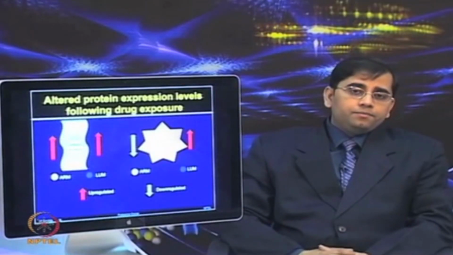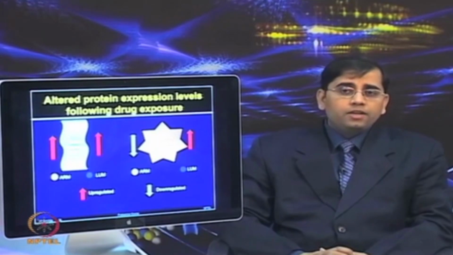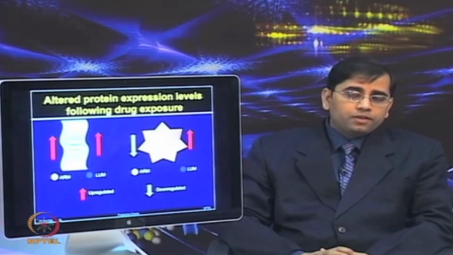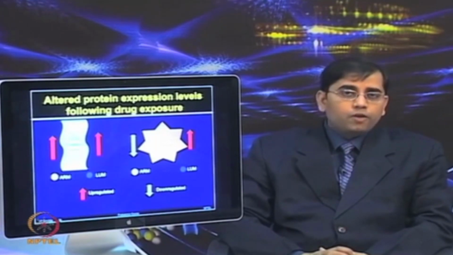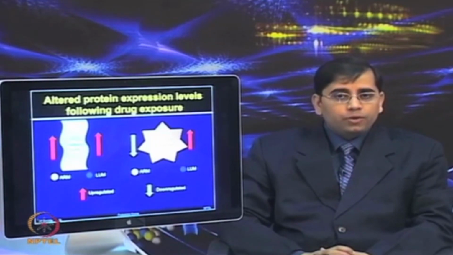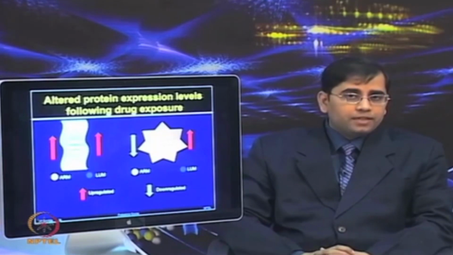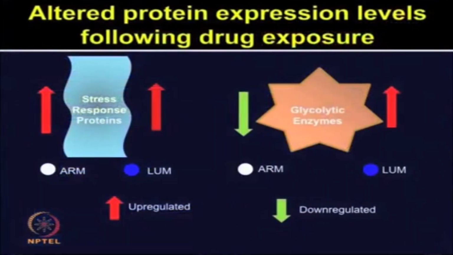So, interestingly, the ARM treatment resulted in the more than threefold down-regulation of the glycolytic enzymes such as enolase, phosphoglycerate kinase, fructose bisphosphate aldolase and glyceraldehyde 3-phosphate dehydrogenase. The expression of the same enzymes were also upregulated more than threefold due to the lumefantrine treatment.